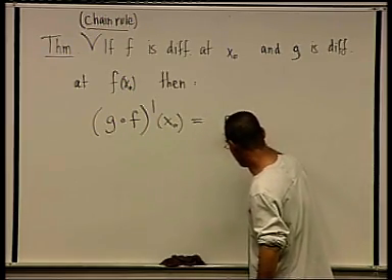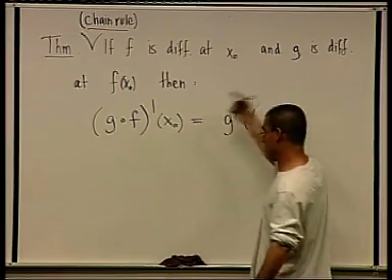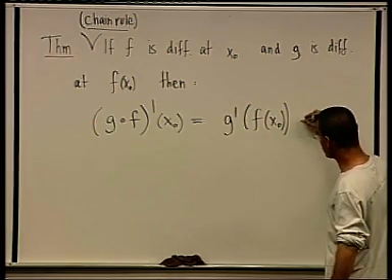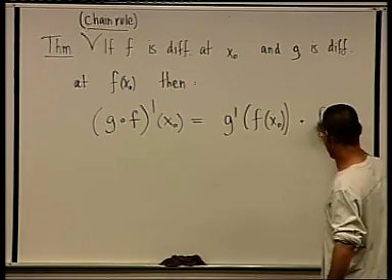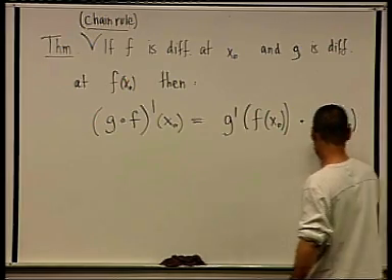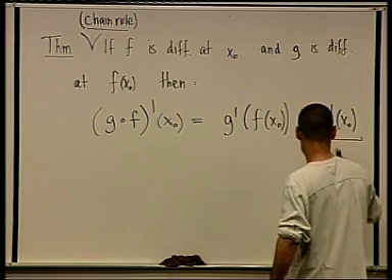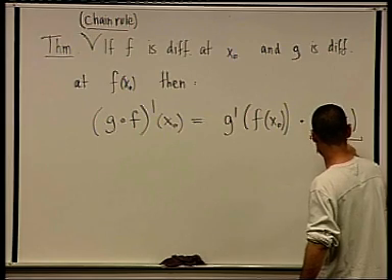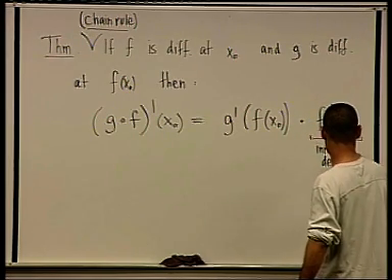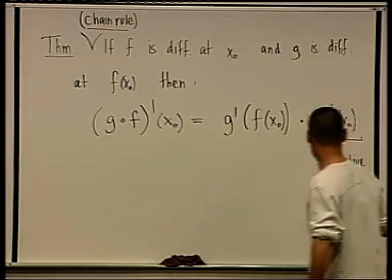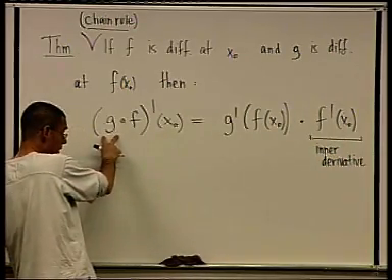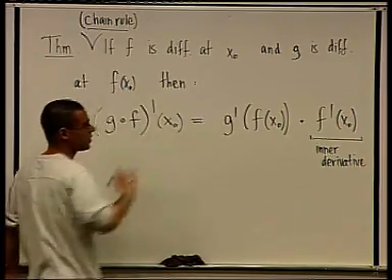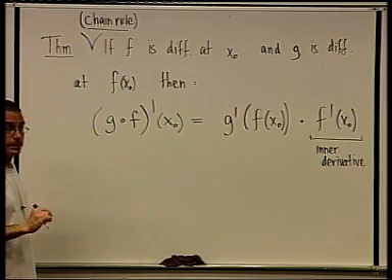I get the derivative of g itself, where it's defined, at f of x0, times f prime at x0. Do you know what this is called? It's called the inner derivative. Have you heard that? So I'm taking the derivative of g at f of x0 and multiplying it by the derivative of f at x0. That's this theorem.